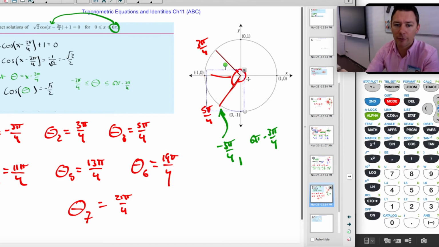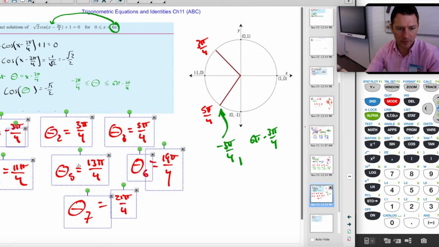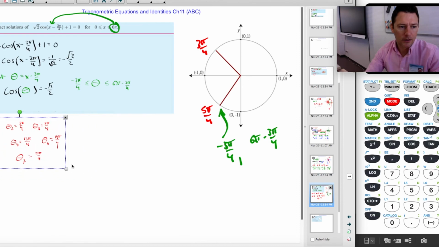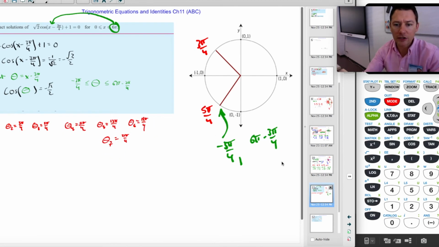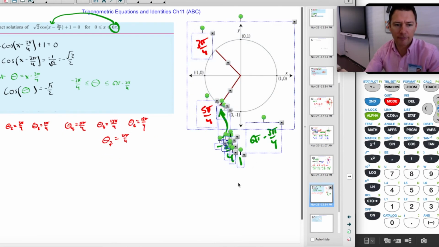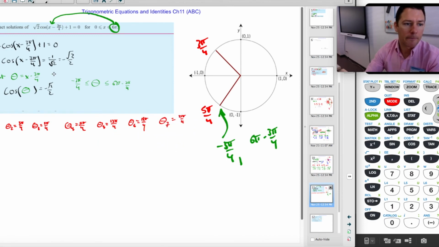Okay, so we've got all our thetas. That means we have 7 solutions, right? The problem is that theta isn't what we care about. We want the x values. So for each of these, we have to find the x value, knowing that theta equals x minus 3 pi fourths.